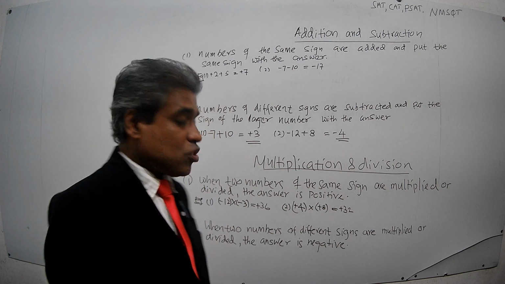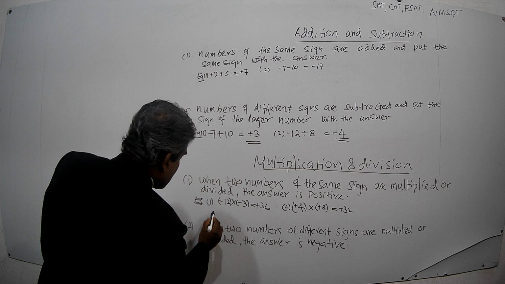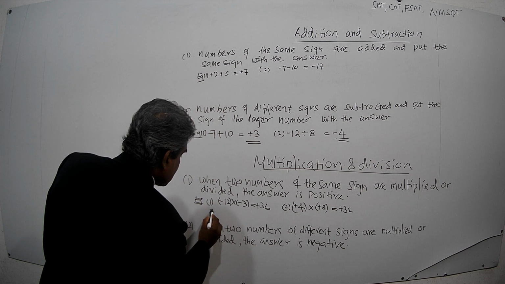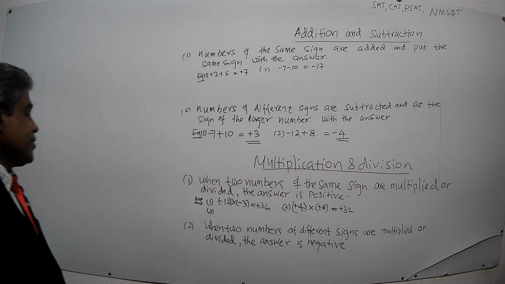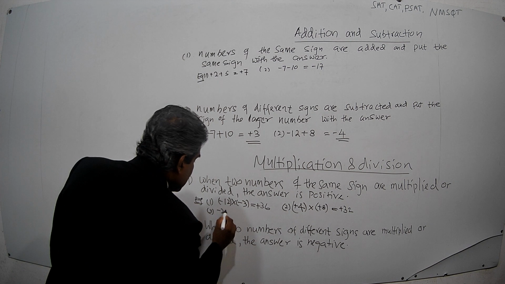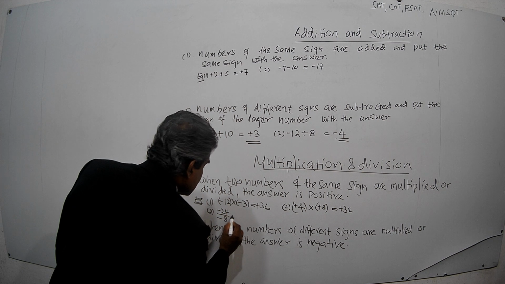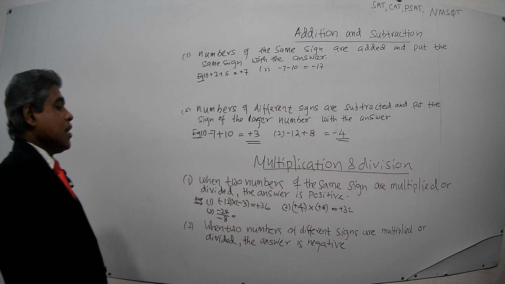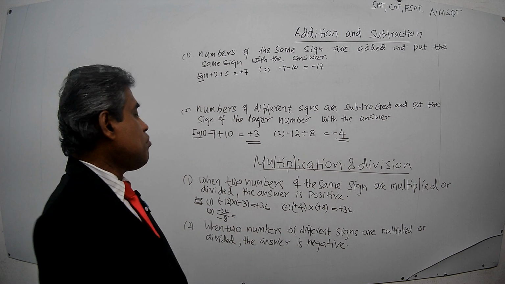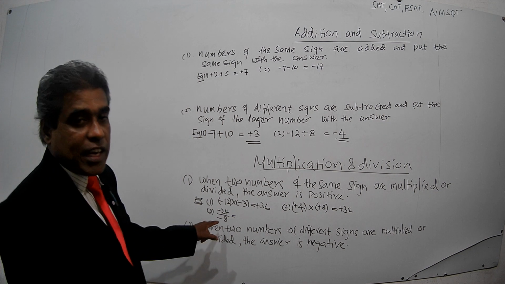Now try the division also. For division, the same principle applies. Let's say the third example. We divide minus 24 by minus 8. Now you are dividing two numbers of the same sign, that is negative. 24 is negative, 8 also negative.